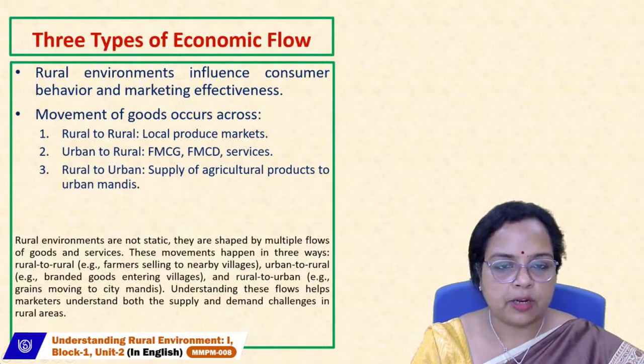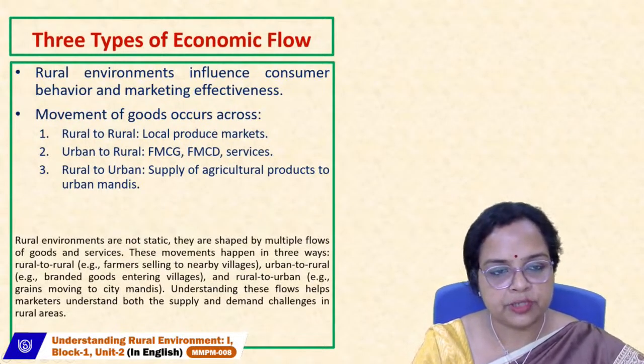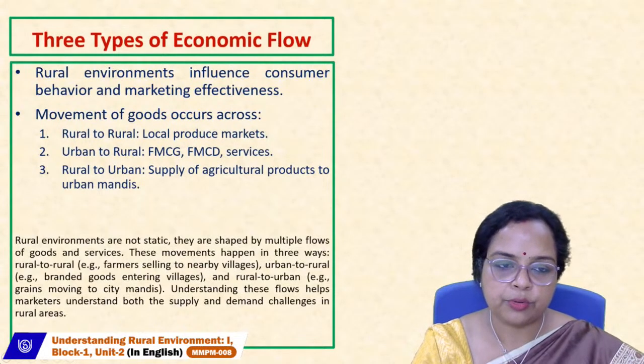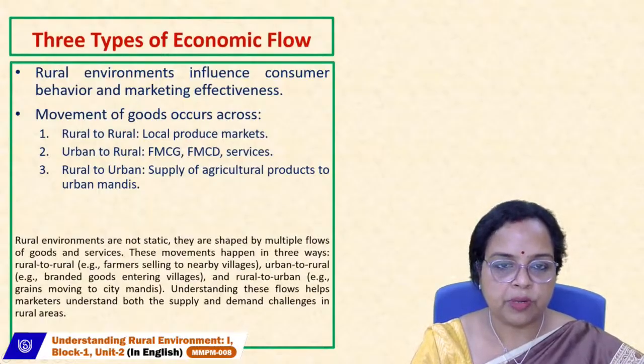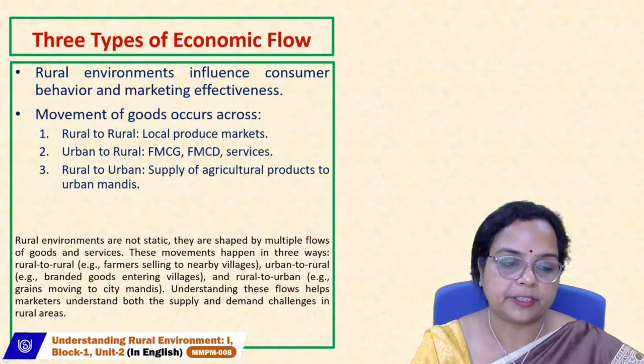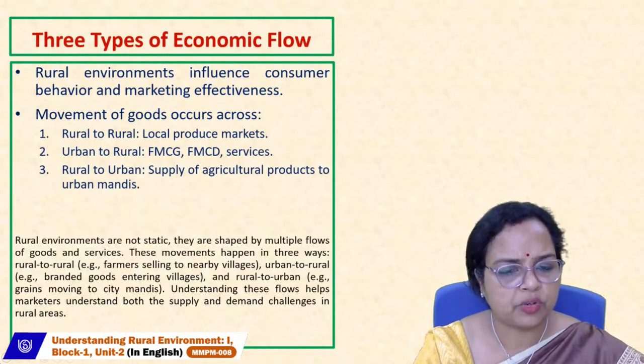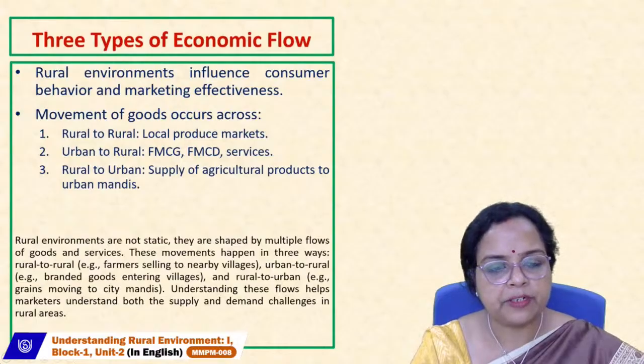Movements of goods occur across rural to rural, urban to rural, and rural to urban. Rural to rural, we may call it the transaction of goods, or the economic flow that depends majorly on our local produce markets. Rural environments are not static, they are shaped by multiple flows.